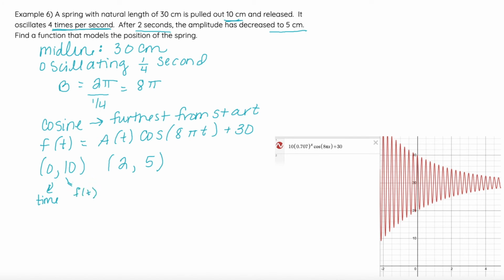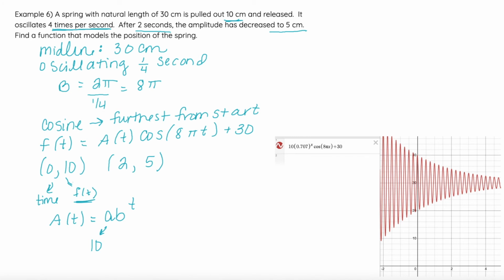I do know that we are going to be exponentially based on the type of problem because it says that it's decreasing over time. So therefore, a of t has to be equal to a b to the power of t. Well, I know initially that we are at 10.